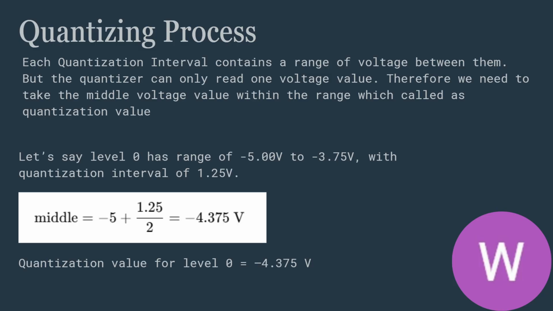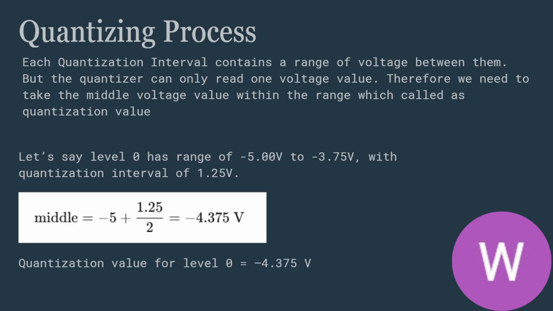So after that we get negative 4.375. If we want to calculate the other way, we can also take negative 3.75 and minus 1.25 over 2, and you will also get the same answer. Just that here the calculation is taken from the lower limit. So if you take the lower limit, you need to add the quantization interval over 2.